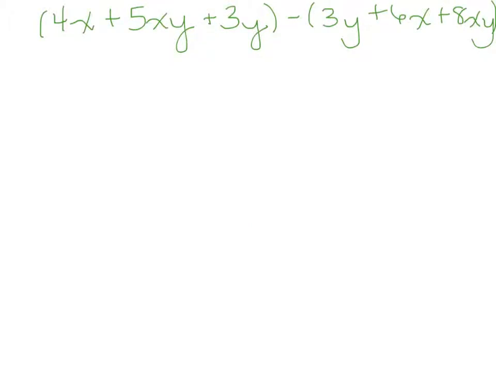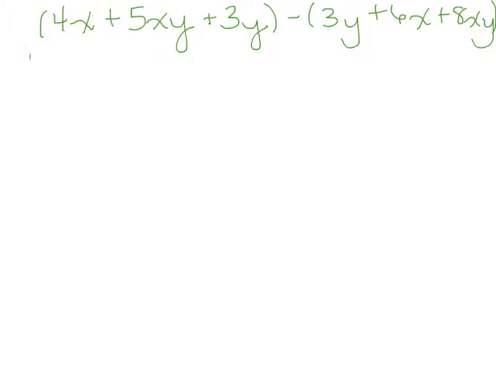Okay, so here again we have another subtraction problem. We have a trinomial over here and a trinomial over here. So we can start, the first method is to distribute the subtraction sign.